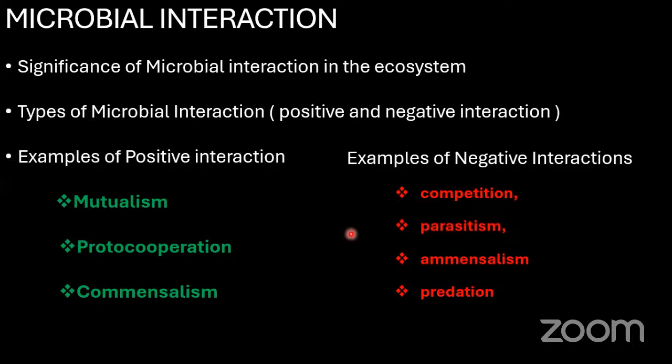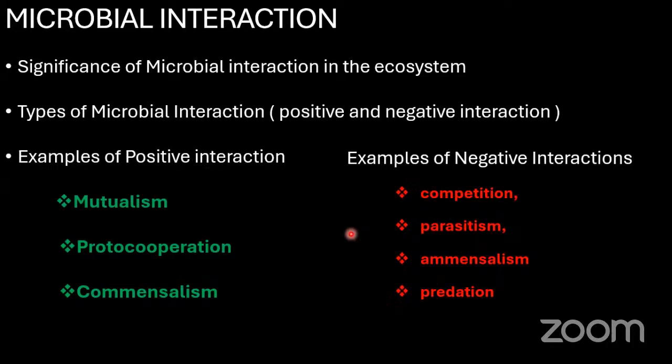Proto-cooperation is very similar to mutualism. The difference is that there is no obligation. Individual organisms come together and can form a beneficial relationship, but if they are apart, they can also survive, unlike mutualism, where there is obligation.